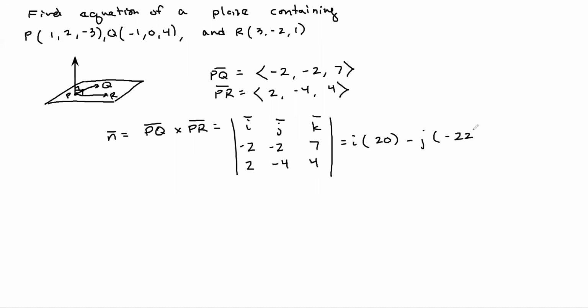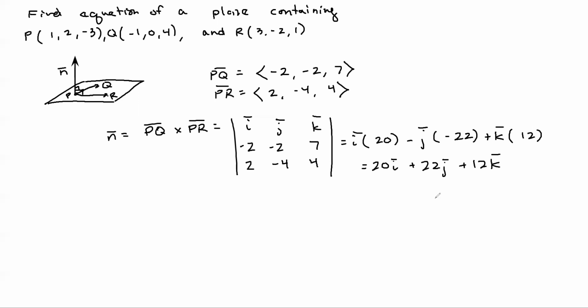So that's going to be -22. And then we're going to have 8 plus 4, and that's 12. So this simplifies to 20i plus 22j plus 12k. Now we have the normal vector.